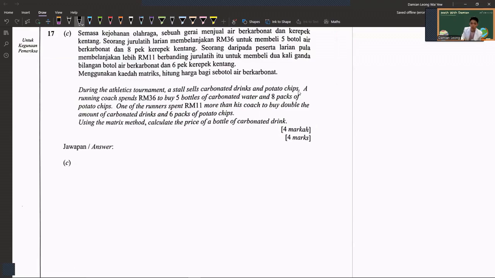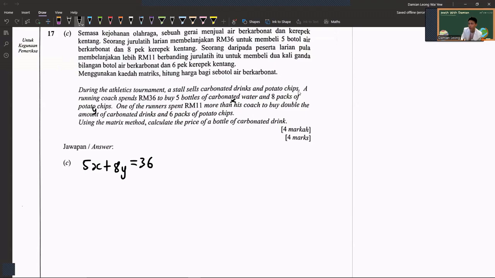So we form the equations first. Let's put X for carbonated water, Y for the potato chips. So 5X plus 8Y equals to 36.